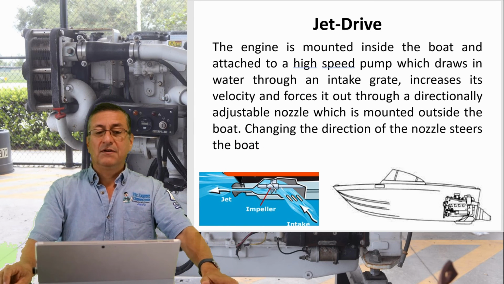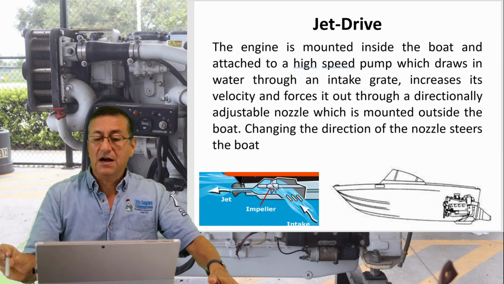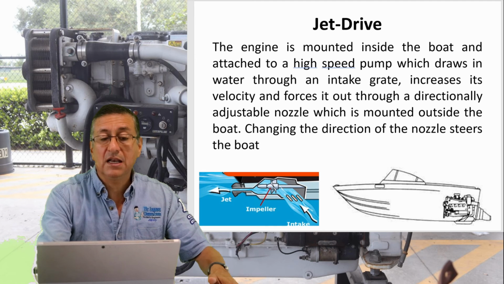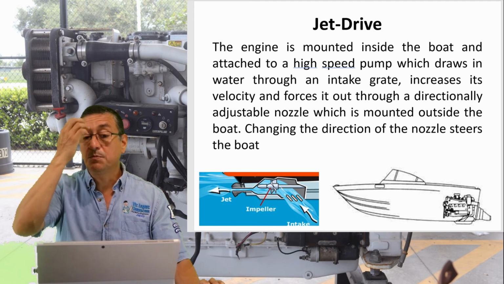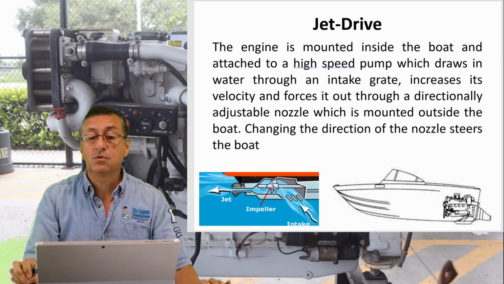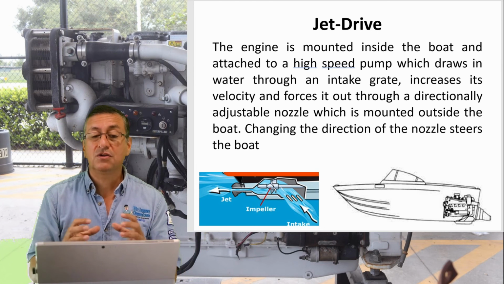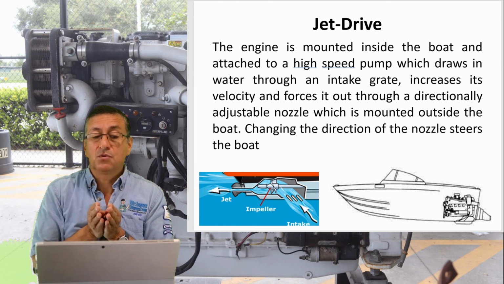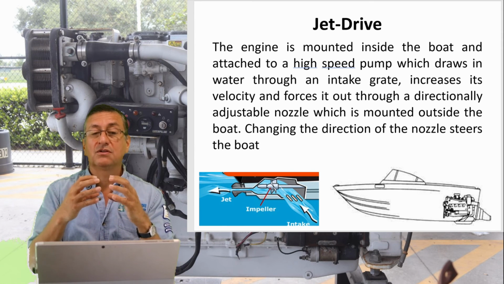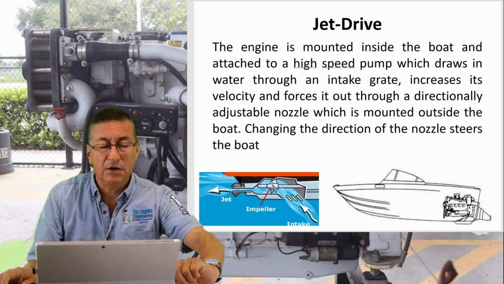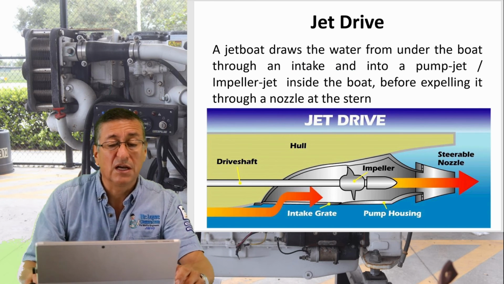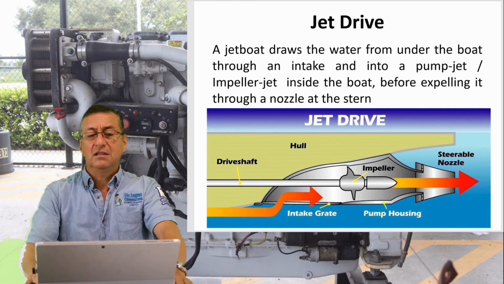And this is the jet drive. The jet drive has an engine internally. The engine is mounted inside of the boat and attached to the high speed pumps. We draw the water through the intake and increase the velocity and force it through the directional adjustable nozzle. Let me explain. I have another good picture about this. This is the jet drive.